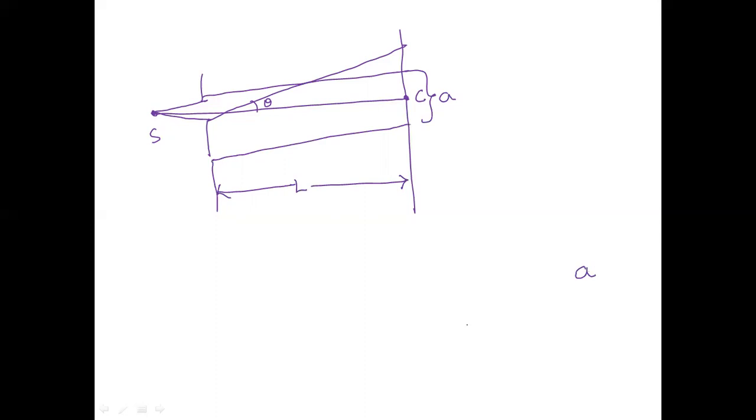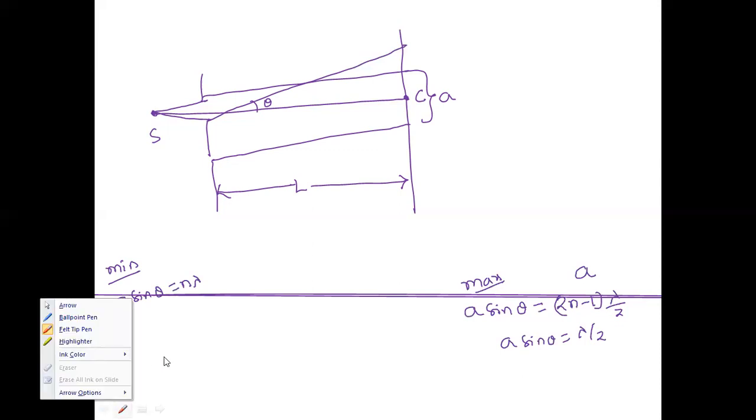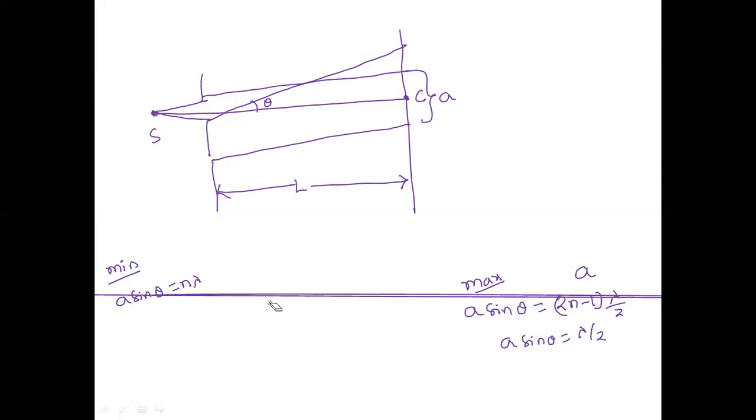Since we know that for the minimum condition, A sin theta must be equal to lambda by 2 for maximum. And for minimum, it is A sin theta equal to n lambda, right? A sin theta equal to n lambda.